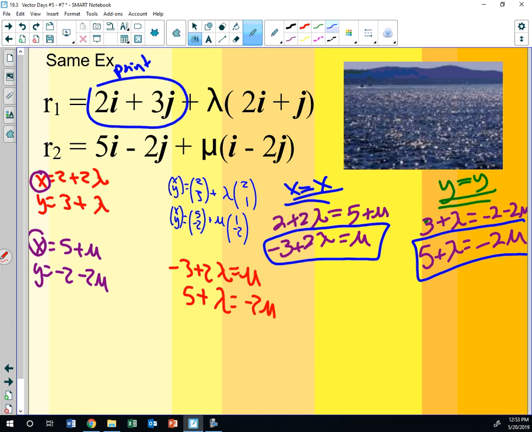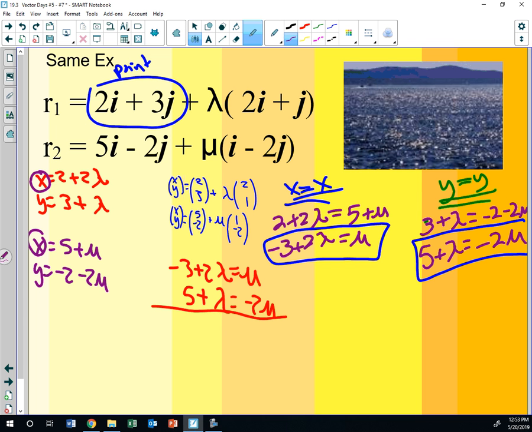Go ahead and take a moment and write that. And draw a line under it, because we're going to do an elimination that way. Please copy, because you'll be doing this for sure on a test. And we want to get rid of the mu's or the lambdas. I'm going to multiply everything.